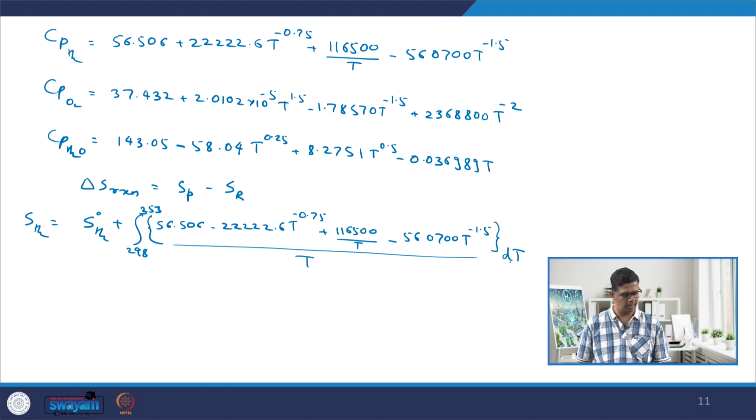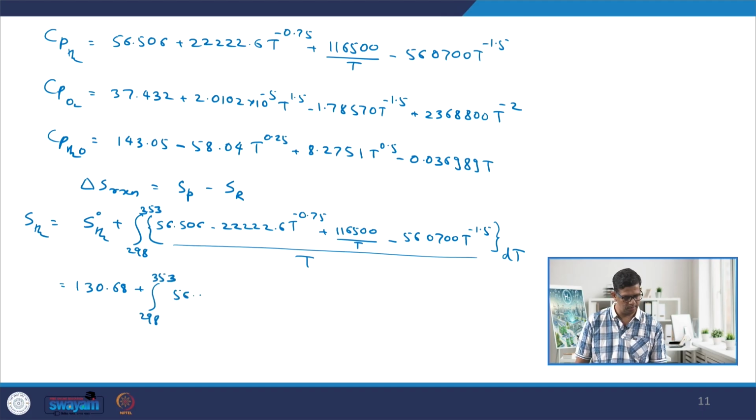So this is our expression, and entropy is given as 130.68 at STP. So let us solve this expression, from 298 to 353.